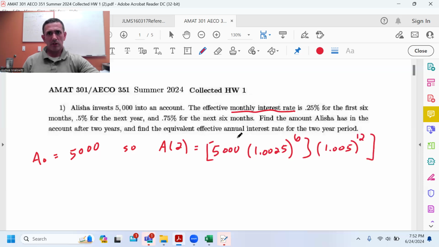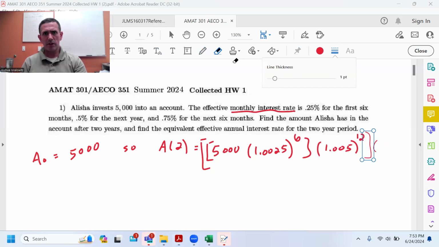And this amount is itself going to accrue another 6 months of interest at 0.75%, so 1.0075 to the 6th.